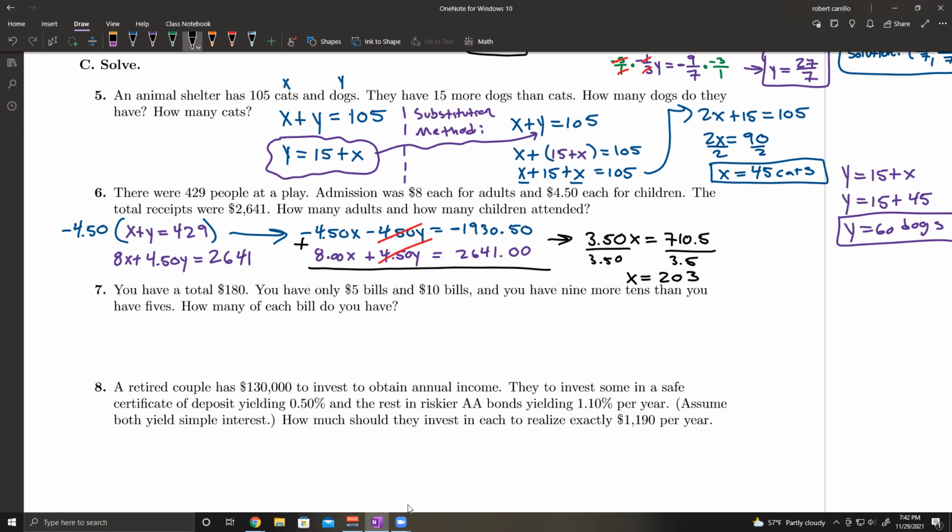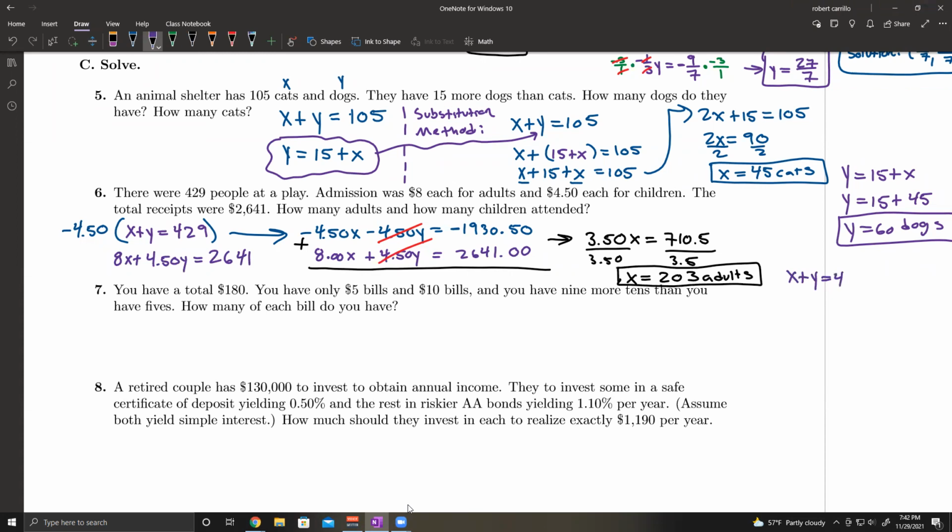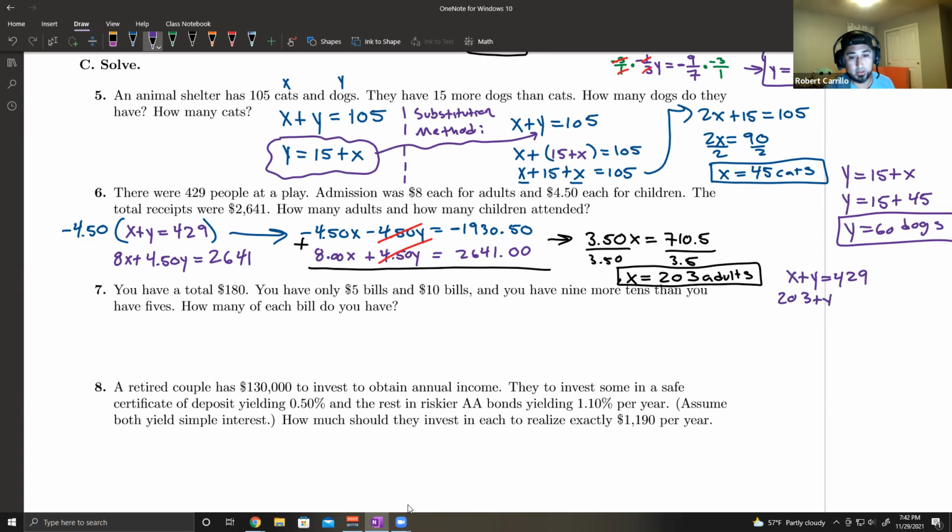Okay. There we go. 203 adults. Now, how many children came then? If it's x plus y equals 429, that's 203 plus y equals 429.